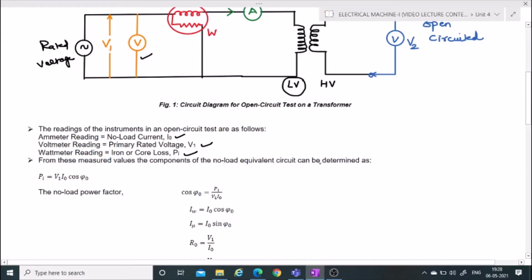As we know, the power measured by the wattmeter, which is equal to Pi, can be written as V1 into I naught cos phi naught, where V1 is the primary side voltage, I naught is the no load current, that is the ammeter reading, and this is the voltmeter reading. So from here we can calculate cos phi naught, which is equal to Pi divided by V1 into I naught.